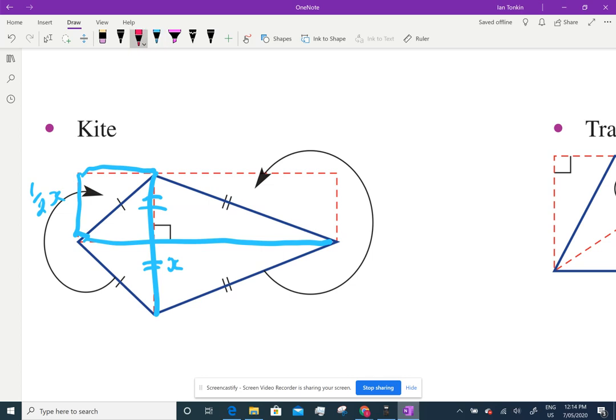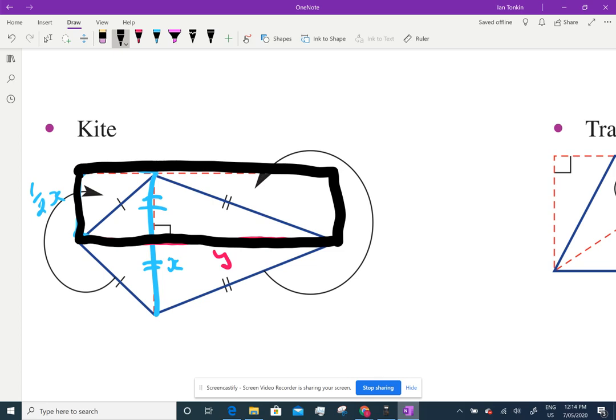And this distance here, well, that's all that diagonal. Let's call that diagonal Y. So for the whole area, if we cut this bit and put it over here, and cut this bit and put it over here, we'd get a big rectangle where this distance is a half x, because it's the diagonal that's been split.